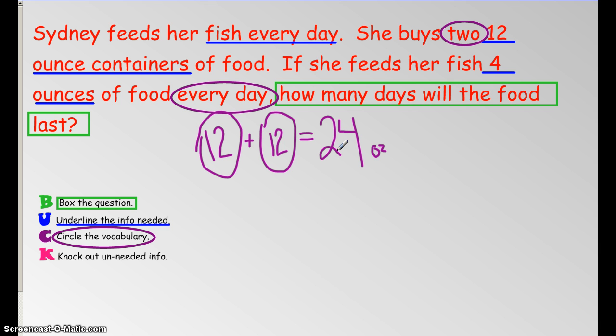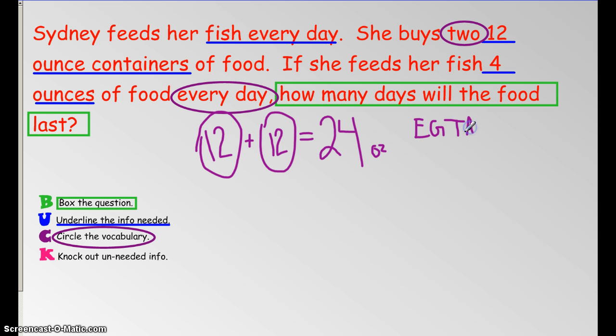Okay, then it says if she feeds her fish 4 ounces a day. So I've got my big number 24, and I'm going to split it up and put 4 here, 4 here, 4 the next day, 4 the next day. So what is that? Equal groups take apart. Okay, so I'm going to start with that big number, and I'm going to do equal groups take apart.